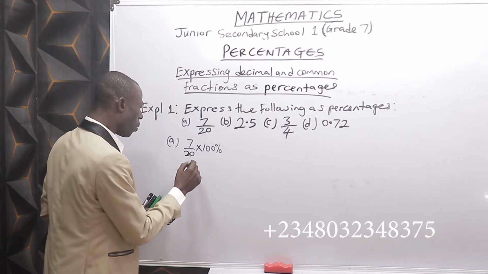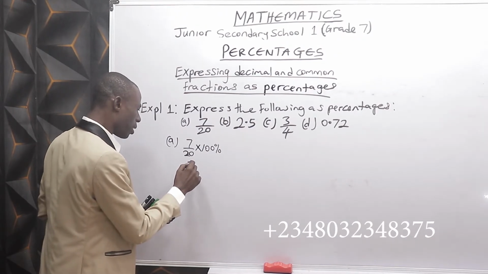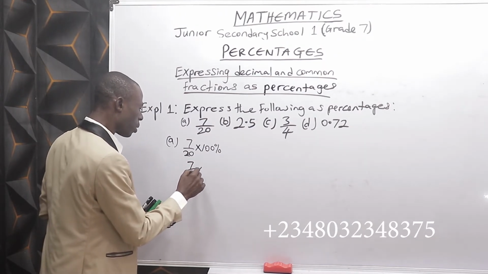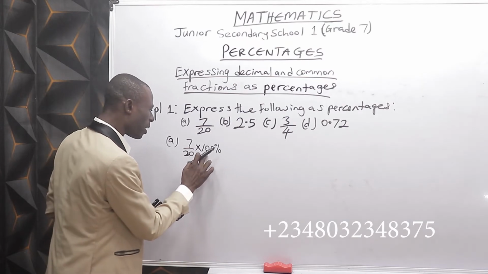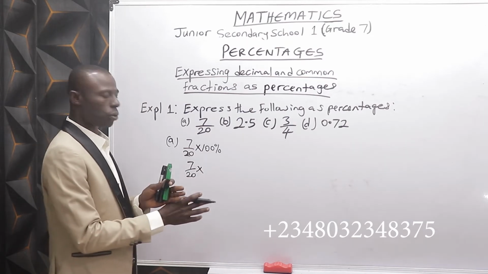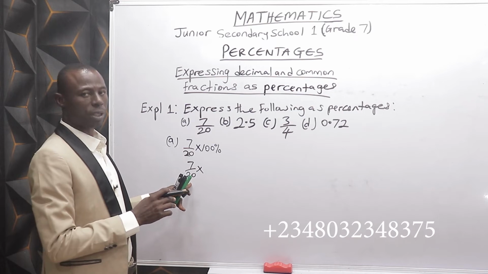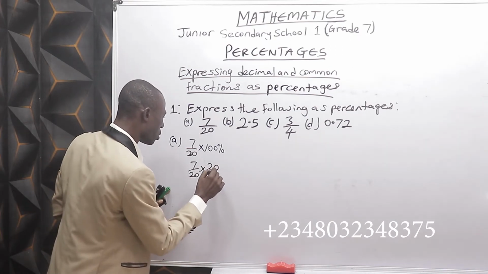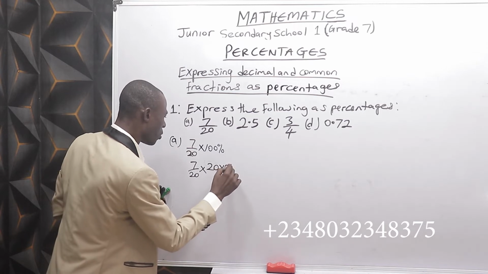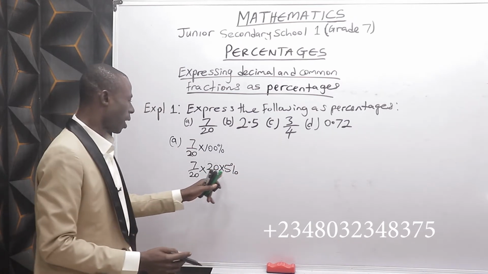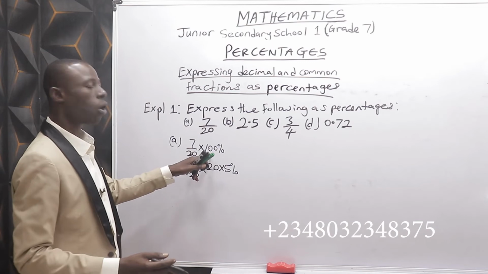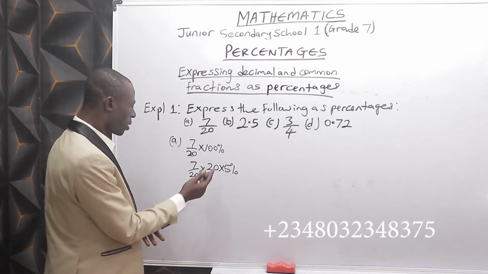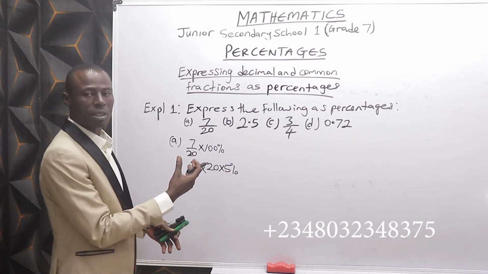So we now rewrite this as 7 over 20 times, you break 100 into factors such that 20 will be part of it. So that is 20 times 5%. 20 times 5% is the same thing as 100%. But what's the essence of breaking it into factors?